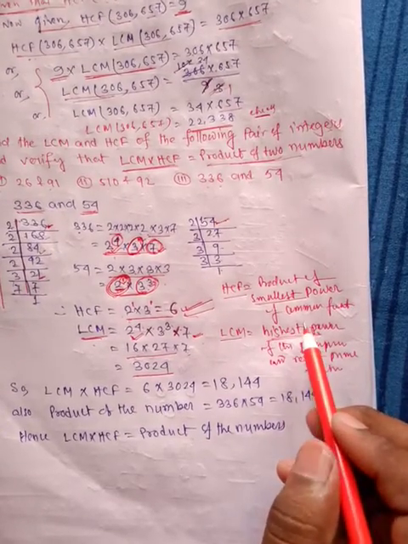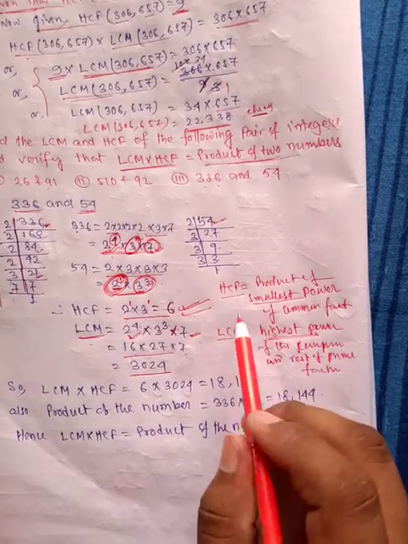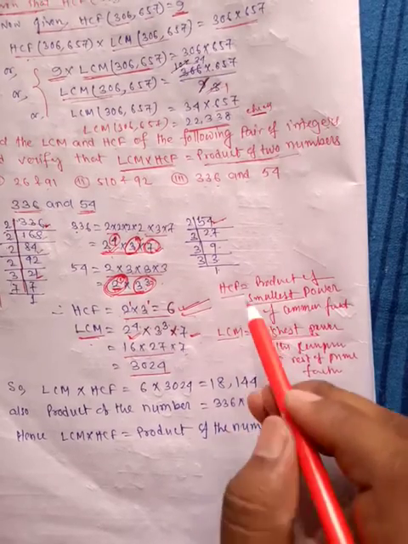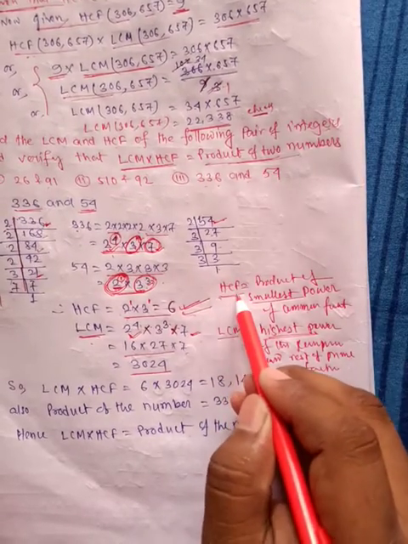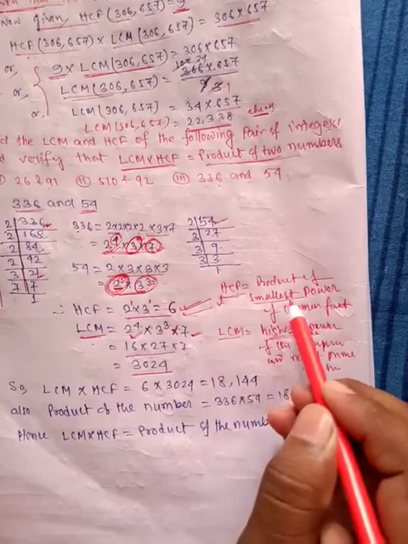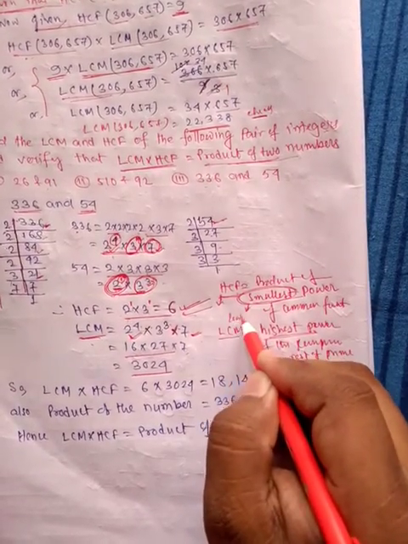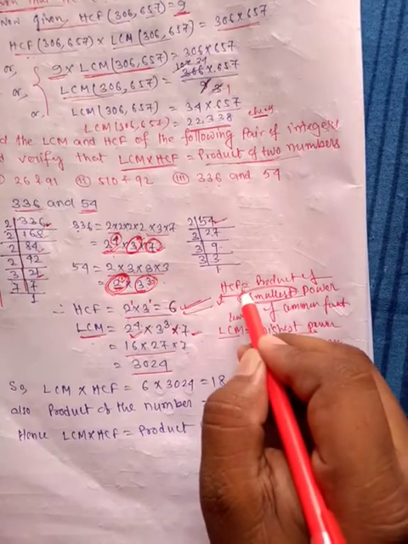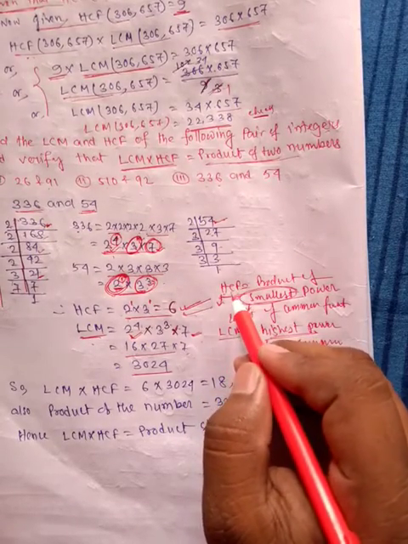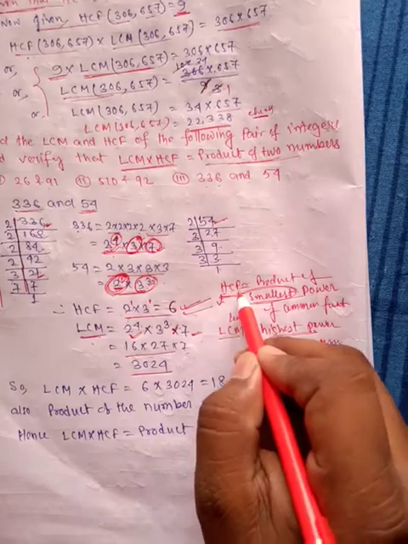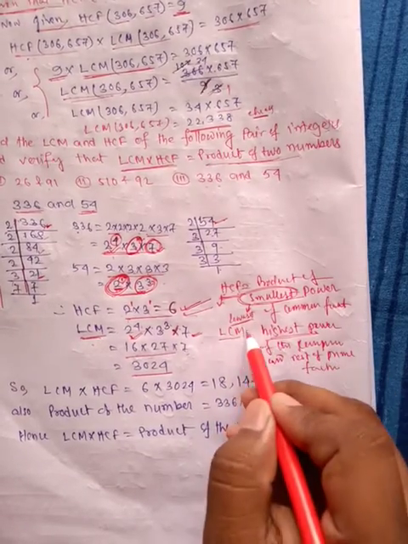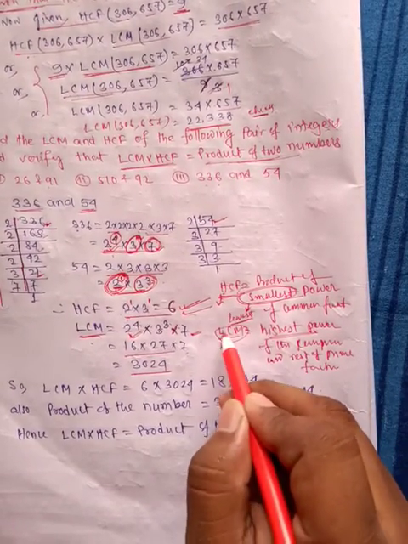Okay, you can remember by using a trick. HCF means highest common factor. For highest, you have to take the lowest power. Smallest means lowest. So for highest common factor, you remember by its name, you have to take the lowest power. And LCM, I said largest common multiple.